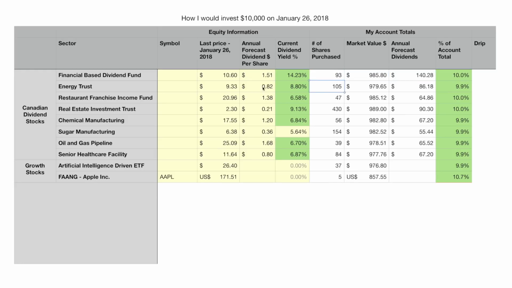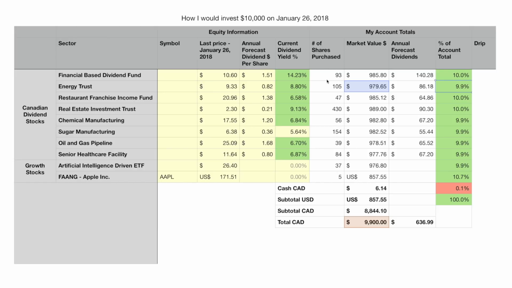Looking at the next one, this would be an energy trust trading at $9.33, 105 shares purchased, total value $979. Dividend payout $86, and of course $86 is over the whole year, 9.9% of the total account. If we look down at the bottom, after we've made all of these purchases, 10 purchases at $10 per transaction works out to $100 worth of commission fees, we end up with a total Canadian investment of $9,900.